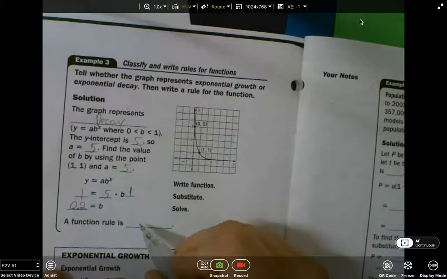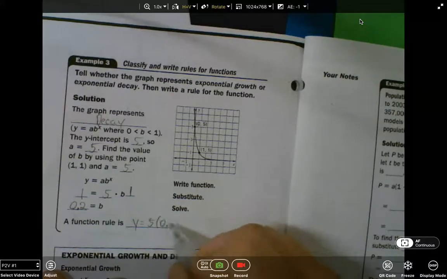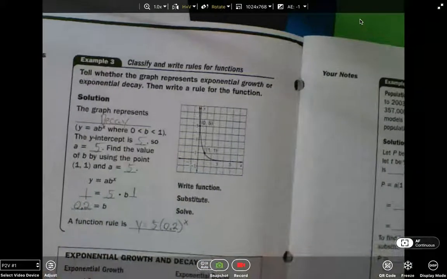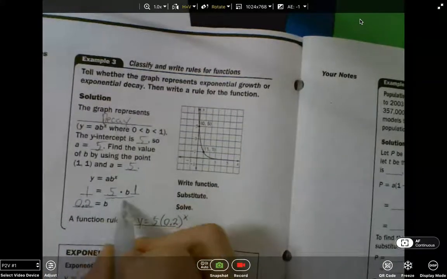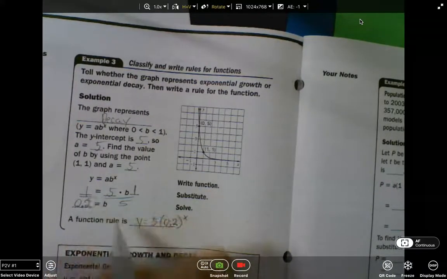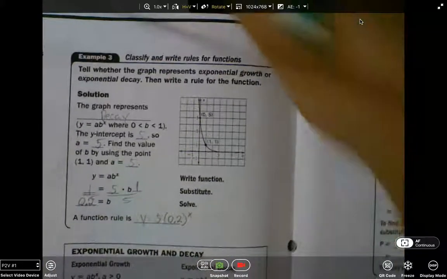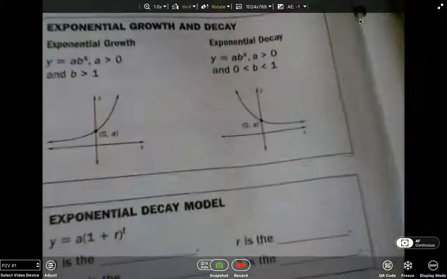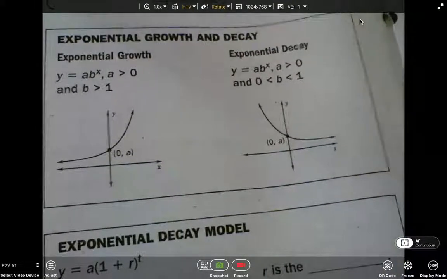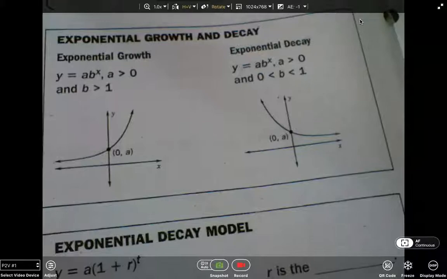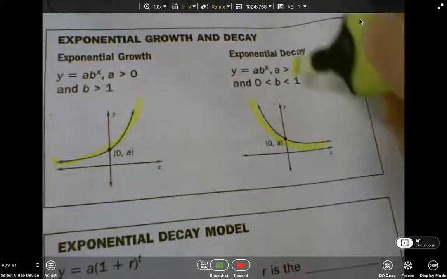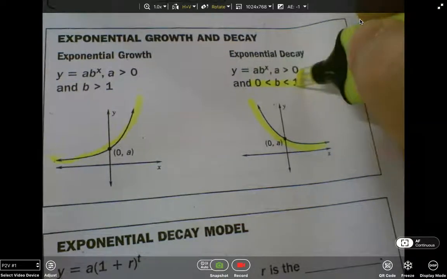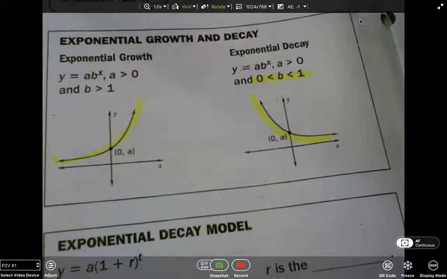The function rule would be y equals 5 times 0.2 to the x, because here you divide each side by 5, and 1/5 is 0.2. This is a nice model here. Again, for growth, your b value is larger than 1, and here it decays, your b value is less than 1 but bigger than 0. So it looks like that.